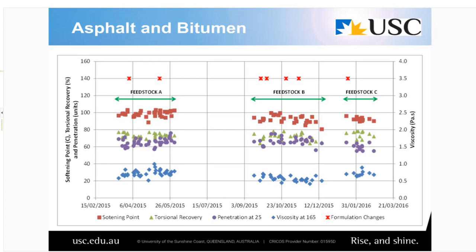Question about how polymers affect the cost and all the processes involved in the asphalt mix, especially in remote areas. That's a good question. So typically, these things go up and down just like the price of petrol does. But typically, the cost of base bitumen at the moment is something like $900 a tonne.